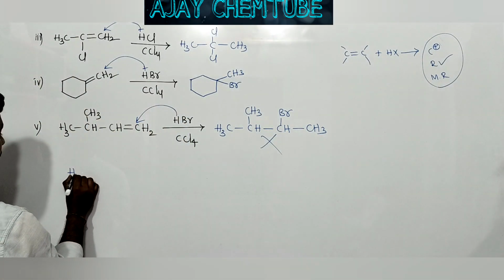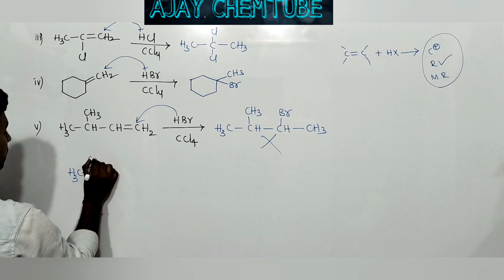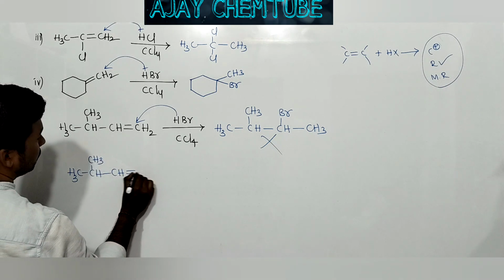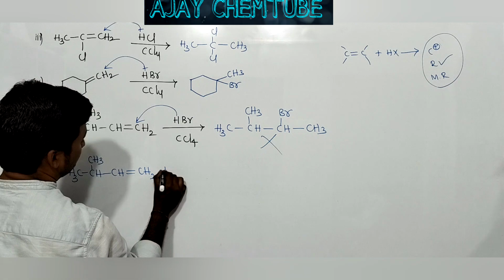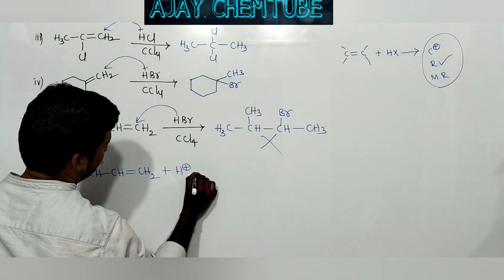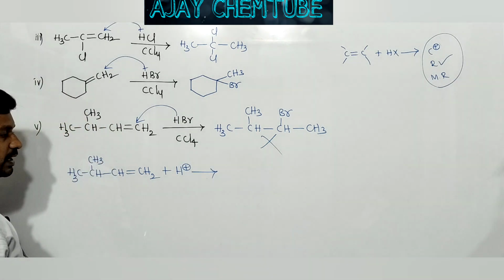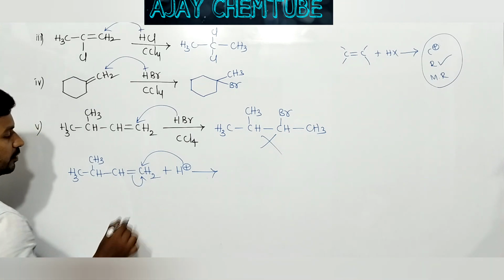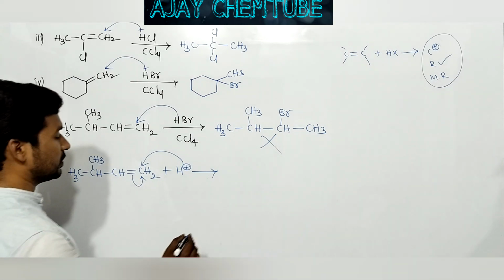First of all, in CH3, CH double bond CH2, electrophilic addition reaction is initiated by addition of the electrophile added here, because this carbon takes the electron and this carbon becomes positive.